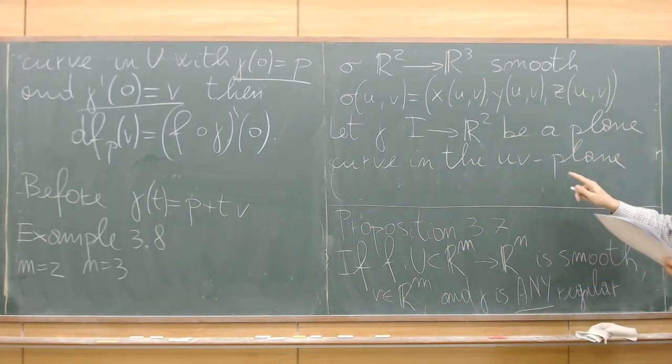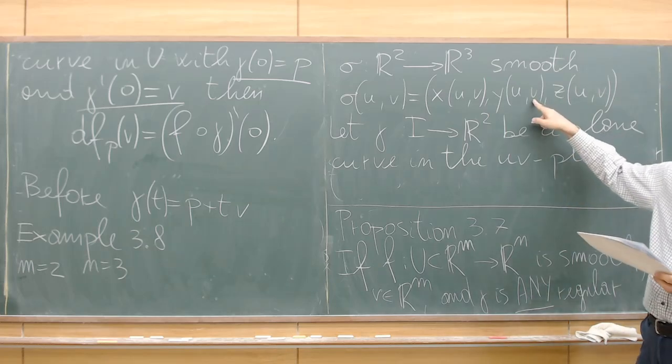I think it's clear that in this example v is not a vector, it's a variable.